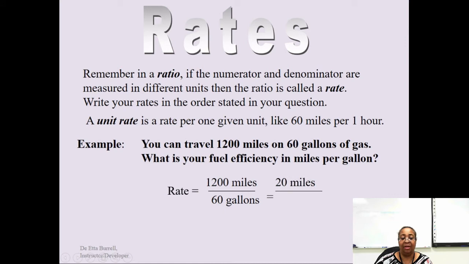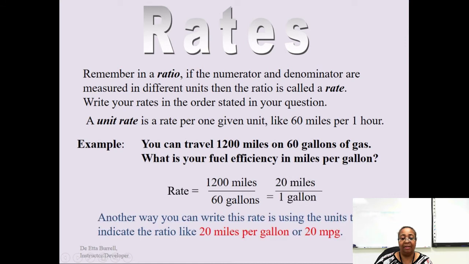If we divide it, 60 goes into 1,200, 20 times per 1 gallon. Another way that we would say this in actual application is 20 miles per gallon, or 20 mpg for miles per gallon, okay? I'm so used to miles per hour when we use this in practical.